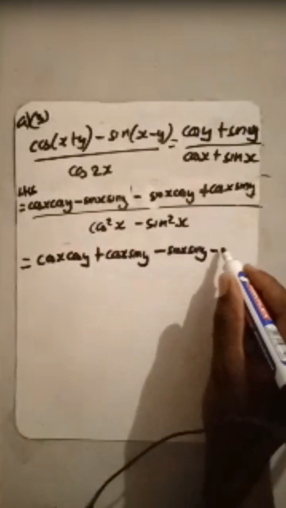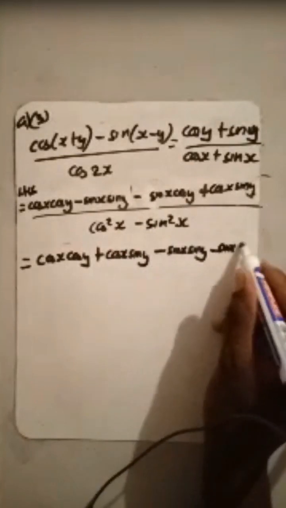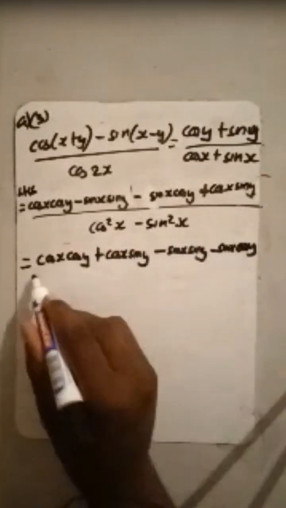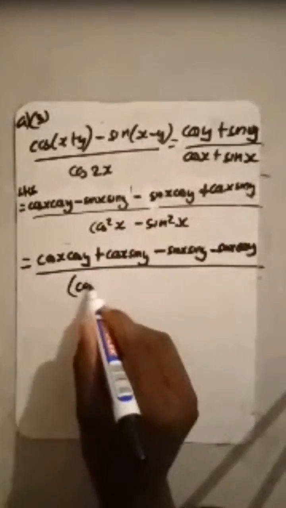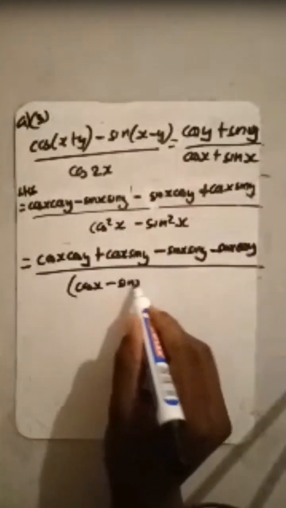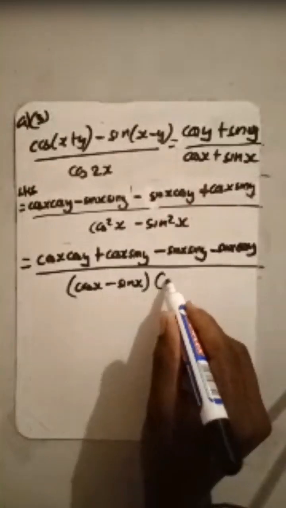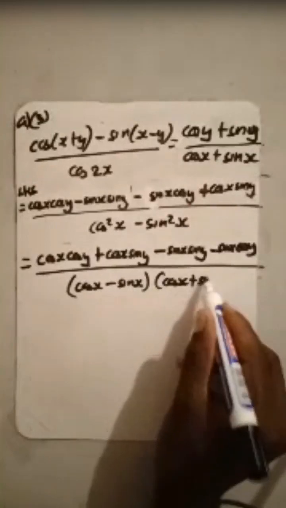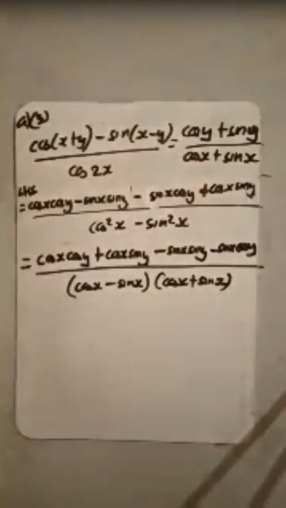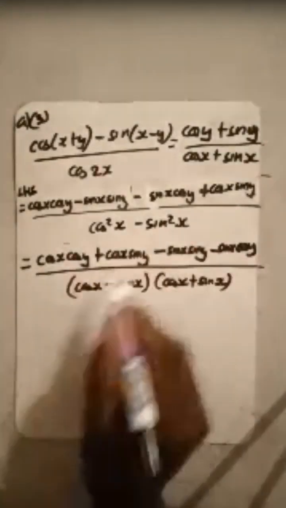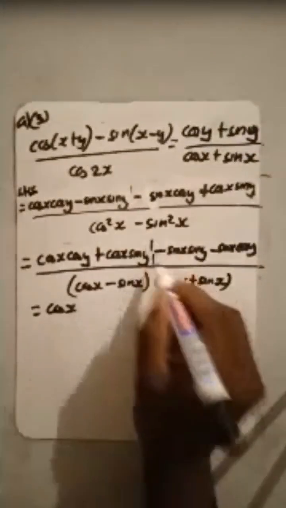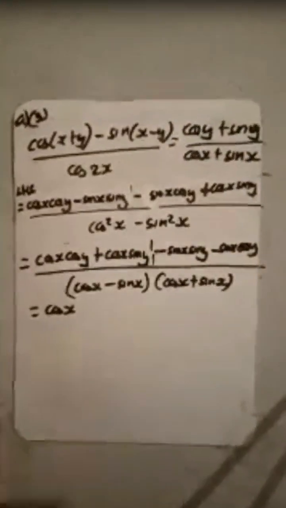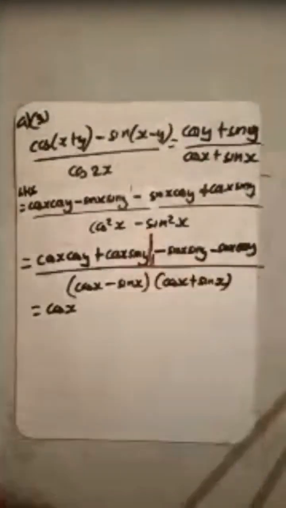Over, also in the denominator there, I told you that this is a difference of two squares, which is going to be (cos x minus sin x)(cos x plus sin x). Then on top I can take the common factor.